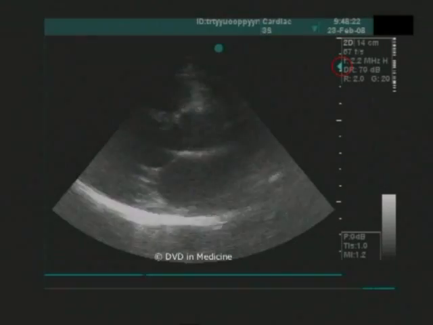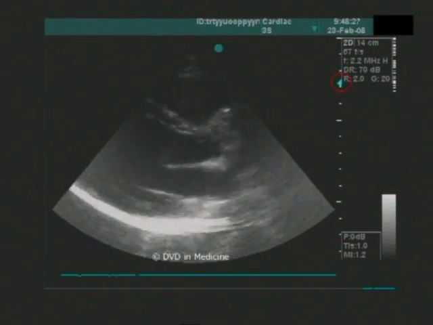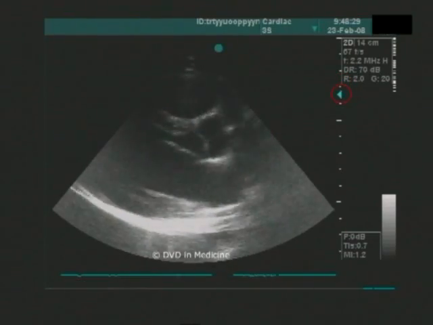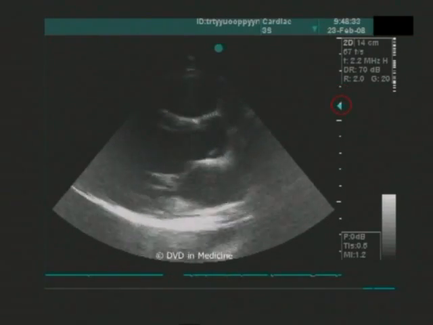In this clip, we demonstrate how the quality of the real-time ultrasound image will improve when one shifts the focus to include the structures in the focal zone that were at first left out of it.